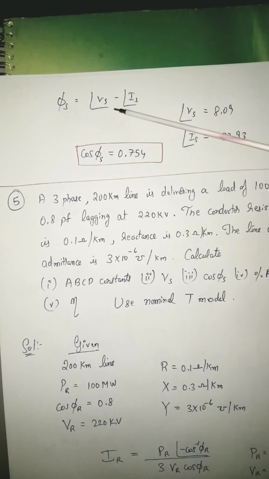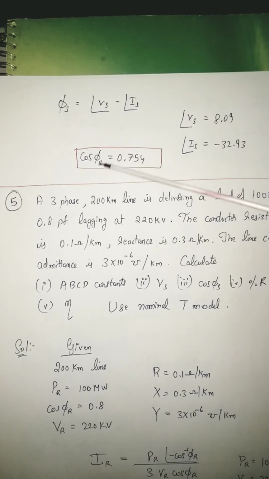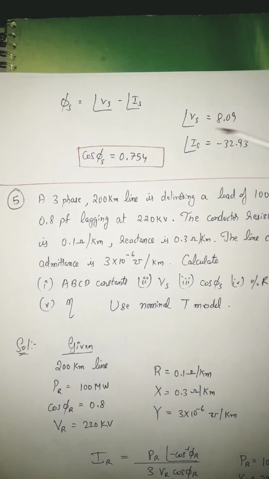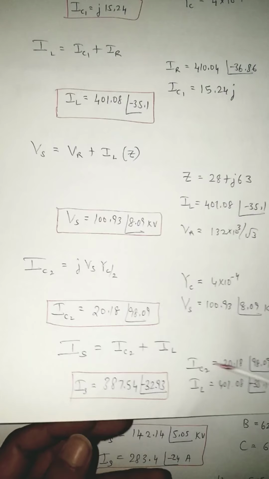Then the last parameter that we have to find is the sending end power factor. So angle of Vs minus angle of Is will give me phi s. Angle of Vs we have got in the previous step, 8.09, angle of Is is minus 32.93, you will be getting phi s, then you can find cos phi s. Just have a look at this.